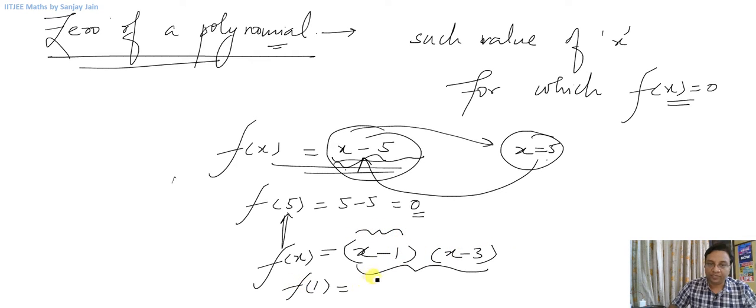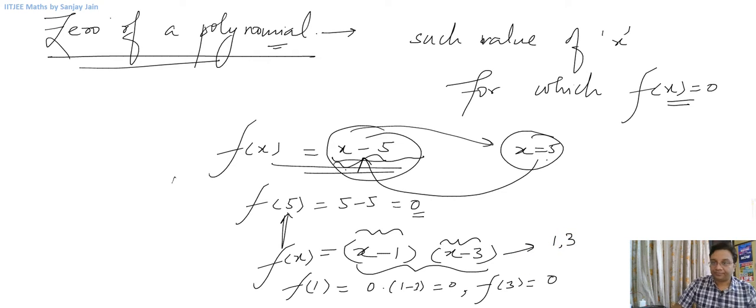So f of 1 is 0 into 1 minus 3, that is 0. Similarly, f of 3 is also 0, because x equal to 3 will make this bracket as 0. Now zeros of this polynomial are 1 and 3, okay.